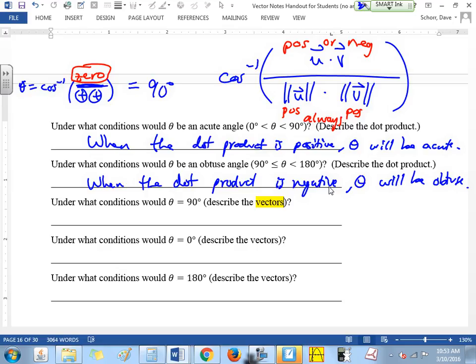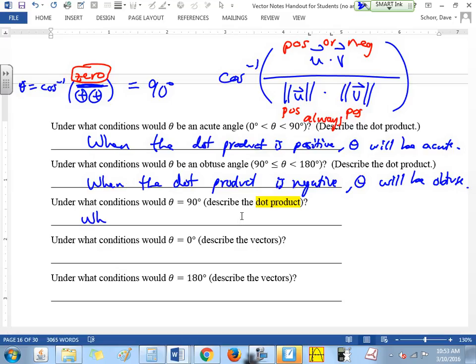So how would you describe the dot product in this situation? Why is theta 90? Because the dot product was 0. Correct.